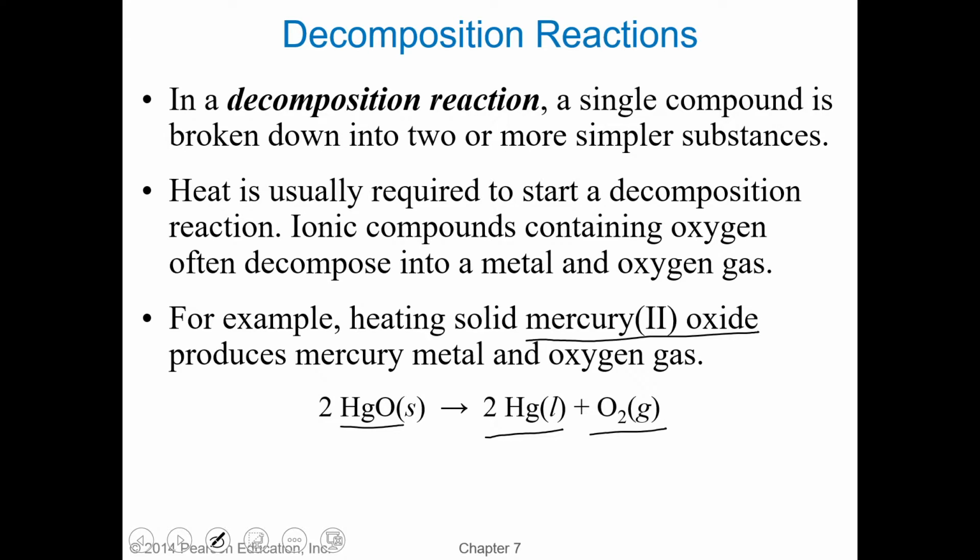I want to clarify something that I haven't said up to this point. For mercury, we can have Hg2 2 plus or Hg 2 plus. This format right here is actually the +1 form, or the mercury 1 form of mercury.